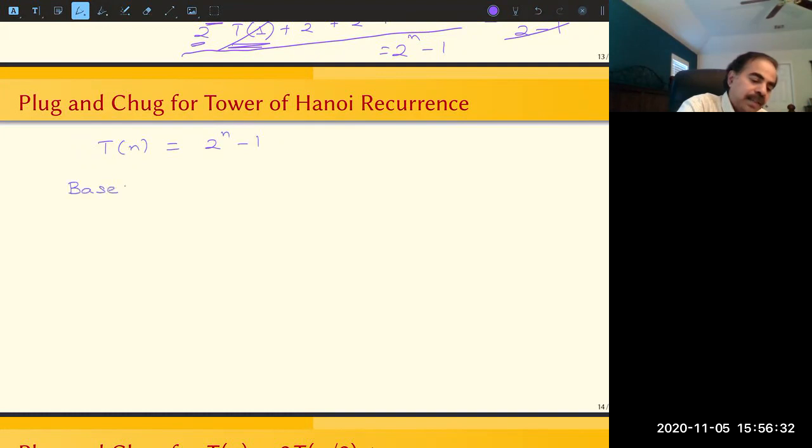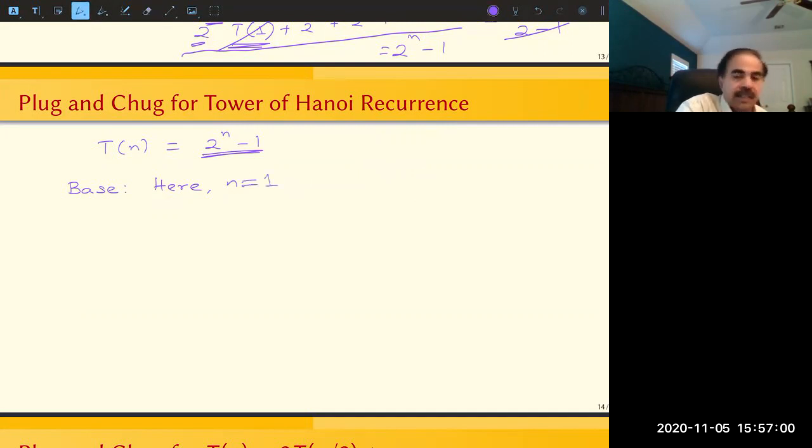We have the base case, right? So here n equal to 0, and T of 0 equals, if you substitute this formula, 2 to the power 0 minus 1. Well, let's not do 0, I'm sorry. Let's do n equal to 1, right?